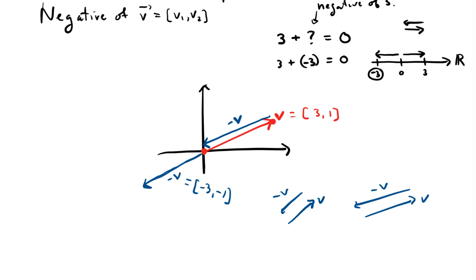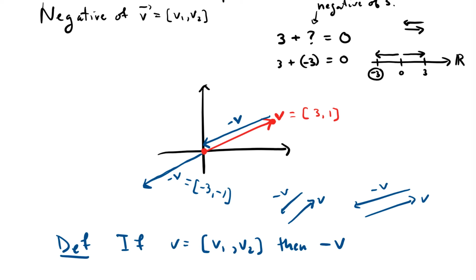Okay? So maybe a definition here. If v has coordinates v1, v2, then minus v, the negative of v, or the opposite of v, has coordinates minus v1, minus v2. Okay, super simple.